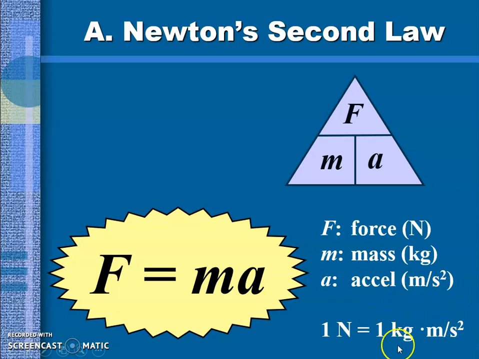That's your full unit for force. If you were to write that as a unit, that would also be correct, or you could just write the capital N for Newton as that derived unit. So that's up to you. So there's our equation. Go ahead and add this to your equation sheet. And then here's how it fits into the triangle for those of you enjoying the triangle method of calculating.